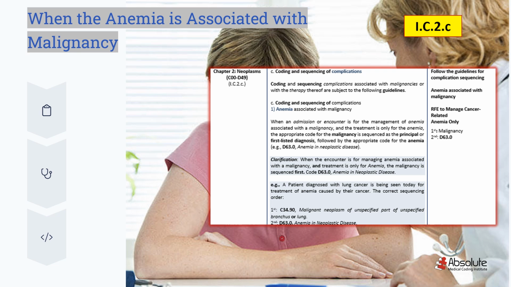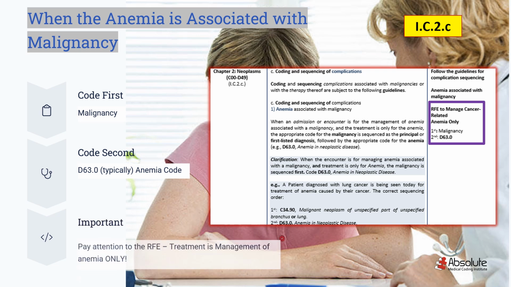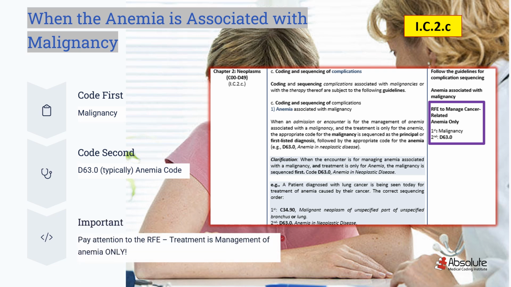And this guideline says you're going to sequence first your malignancy code, second, your anemia code, typically D63.0. And it's very important that you pay attention to the reason for the encounter because that encounter is for the management of the anemia only, not the malignancy.